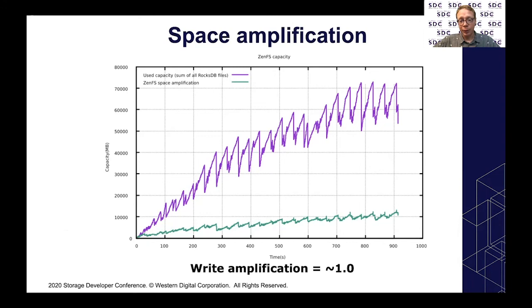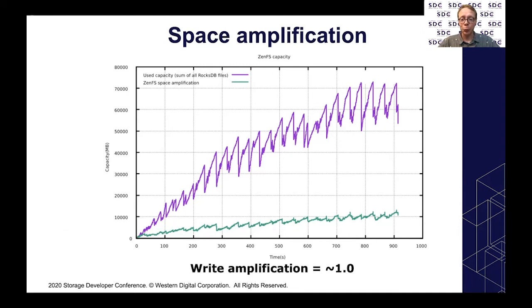You can see here the sum of all files of RocksDB increases as we write more and more key value pairs. This utilization grows, and we also have a growing amount of space that can be reclaimed.